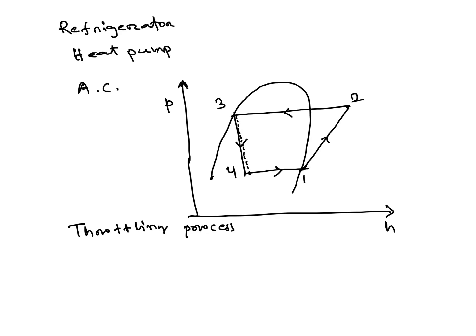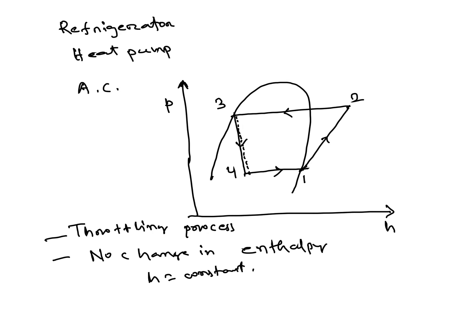This graph is also very important. There is no change in enthalpy, H equal constant. Here the Joule-Thomson coefficient is denoted as mu J/T, or simply mu.